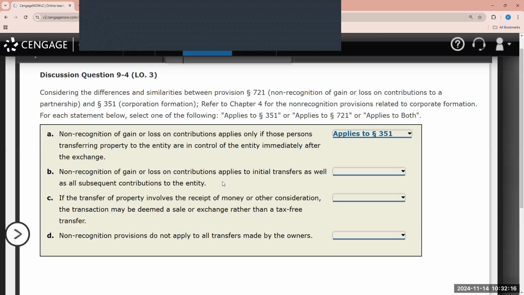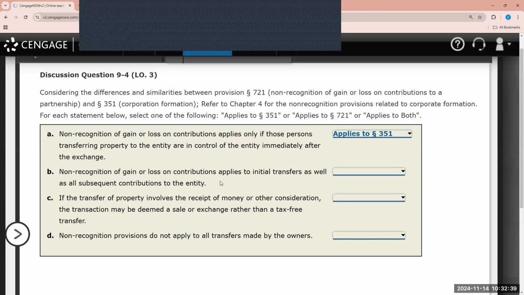B states, non-recognition of gain or loss on contributions applies to initial transfers as well as all subsequent contributions to the entity. Under section 351, as we know, there's no gain or loss recognized if the property is transferred to a corporation, either upon the creation of a new corporation or an existing corporation.